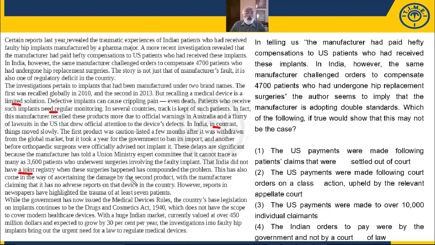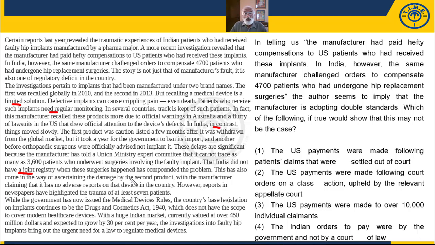So, while the government has now issued the medical devices rules, the country's base legislation on implants continues to be the Drugs and Cosmetics Act of 1940, which does not have the scope to cover modern healthcare devices. That means that act is not good enough to cover devices. With the huge Indian market currently valued at over $450 million and expected to grow by 30% per year, the investigations into faulty hip implants bring out the urgent need for a law to regulate medical devices.